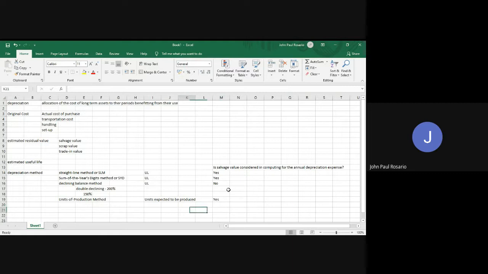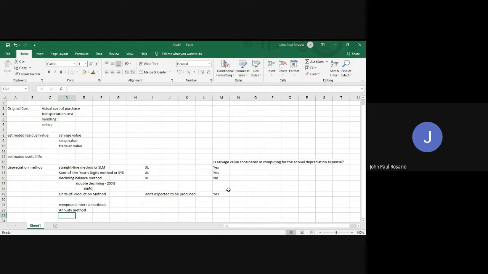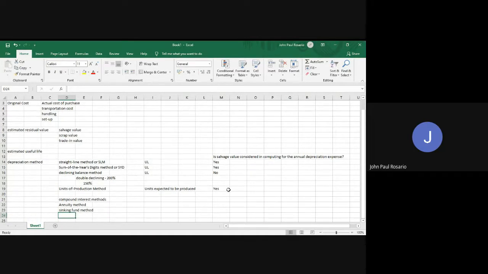By the way, aside from these four, we also have compound interest methods, which are the annuity method and the sinking fund method. Since in accounting we will only be using these four, I will only be covering these four depreciation methods.